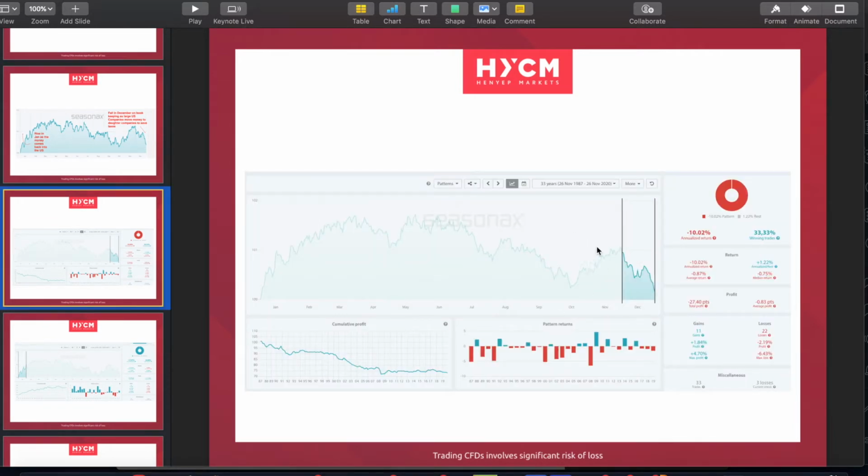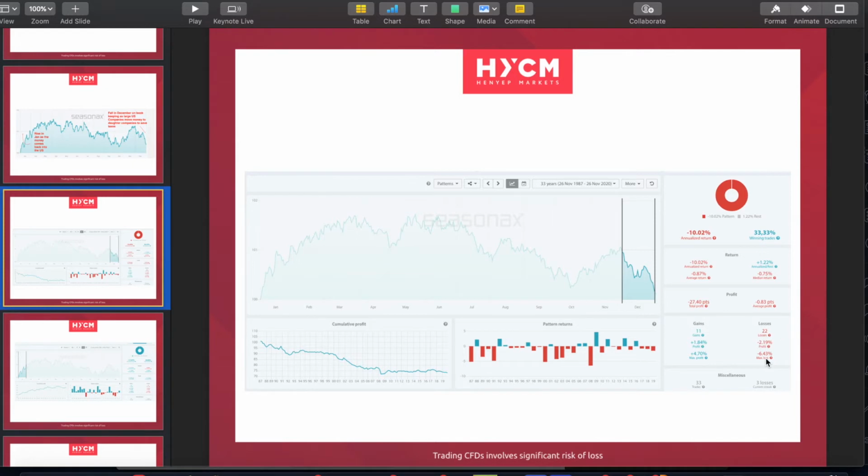You can see here, looking at the end of November through to end of December, that the dollar has been losing value consistently over the years. And you can see, last time with the financial crisis, 2008, heavy dollar falls. And you can see here that there's been 22 years of losses versus only 11 years of gains in the last 33 years.